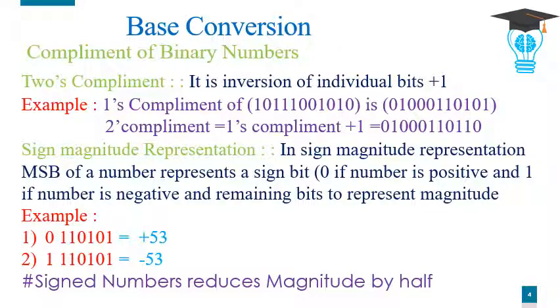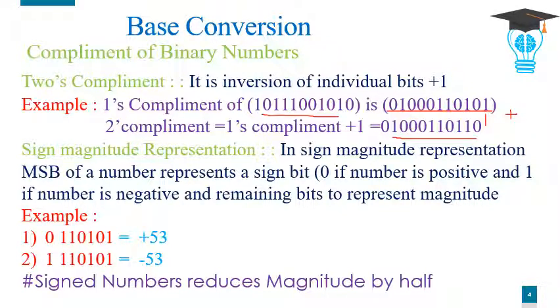Twos complement of a number is just the inversion of individual bits plus 1. That is, you have to first find out the ones complement of the number, then add just 1 to the LSB. The ones complement of this number is this. You just add binary 1 to the LSB, you will get this number.